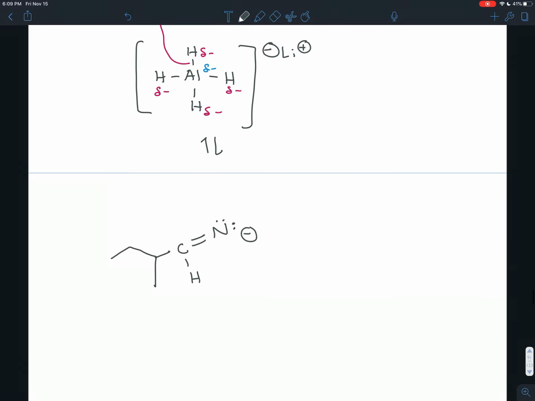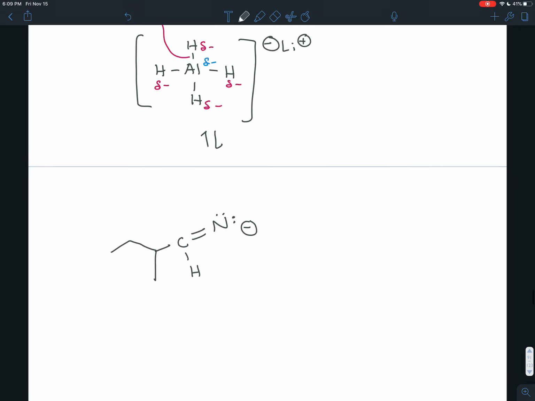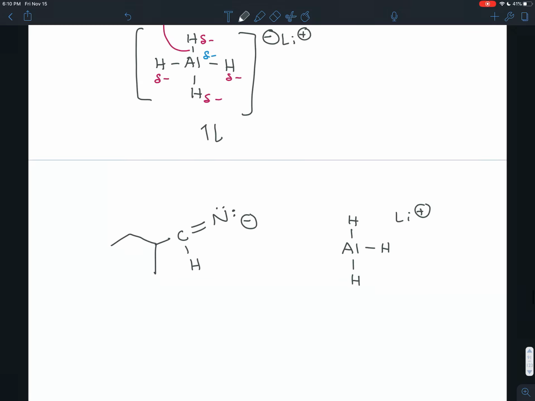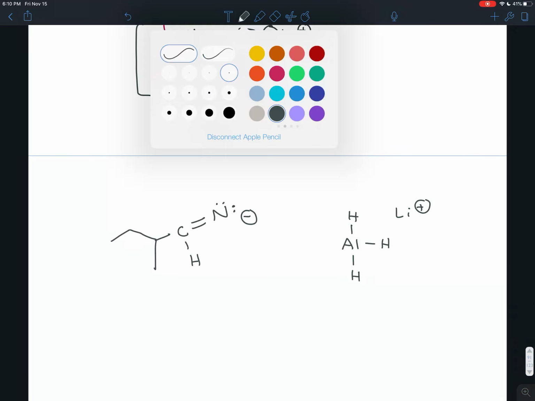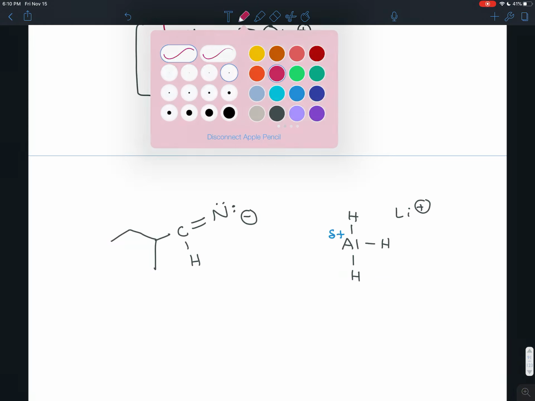Now, this negative nitrogen is stabilized by the aluminum. So we still have this aluminum with 3 hydrogens bonded to it. The 4th hydrogen already added, but there are 3 hydrogens there, and it's sticking around, carrying along the lithium ion with it. And as we saw, the aluminum has very low electronegativity, so it's slightly positive.